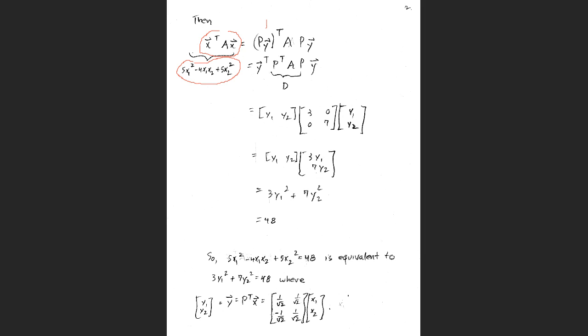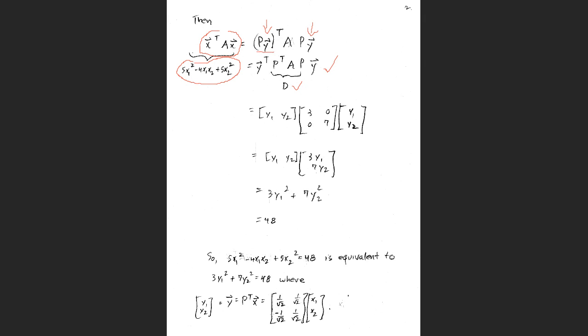So for the vector x, I substitute P times y. It turns out that we get y transpose times P transpose times A times P times y, because (Py) transpose is just the product of the transposes in reversed order. But P transpose times AP is the diagonal matrix D.